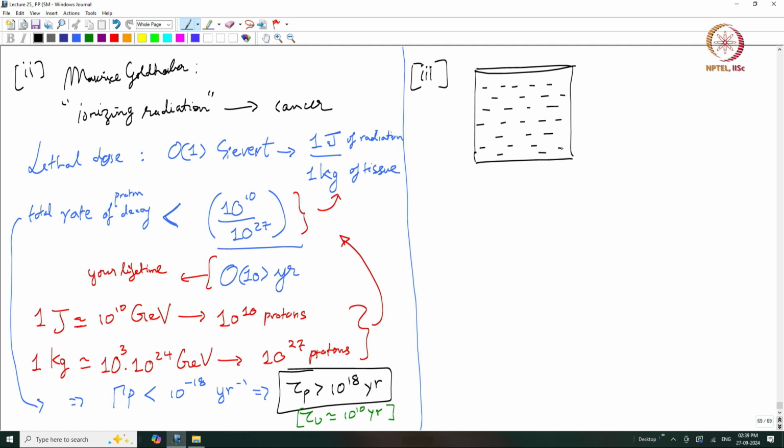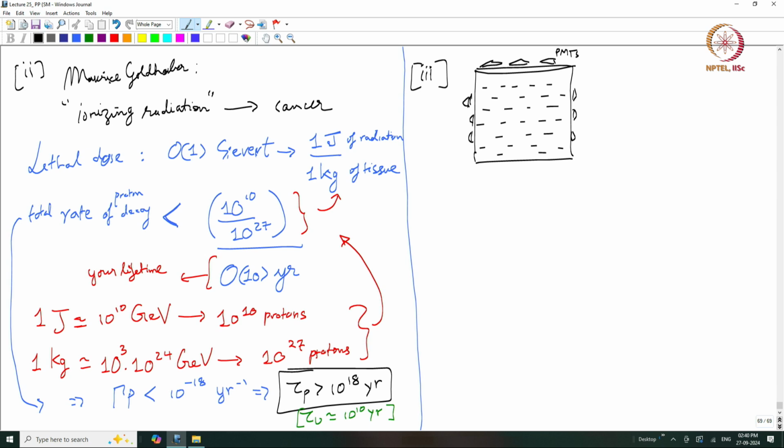So, take water in a tank and then attach some, say, photomultiplier tubes. What are photomultiplier tubes? These just pick out a single photon, right? If you are in a really dark place and you put photomultiplier tubes, this can pick out even a single photon if it hits that detector, right?